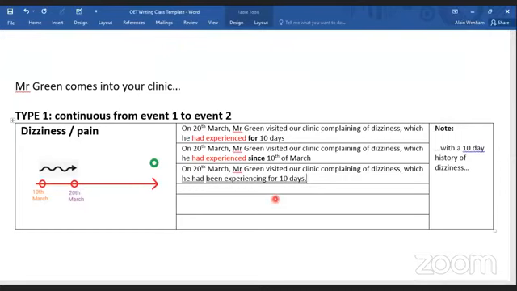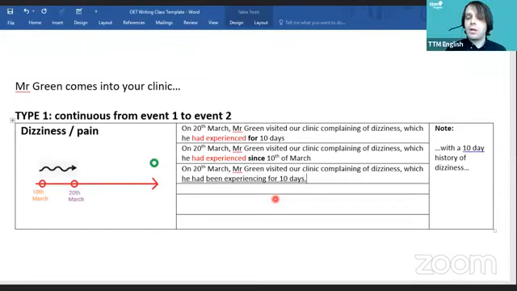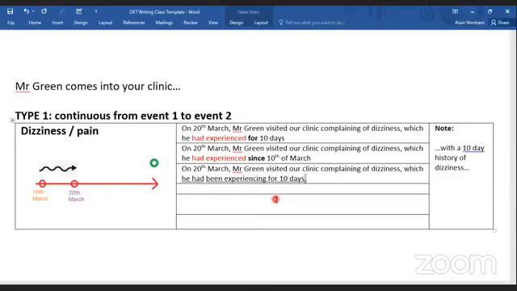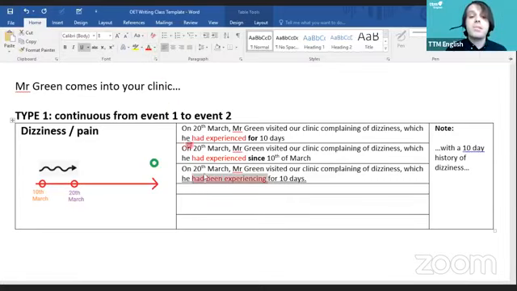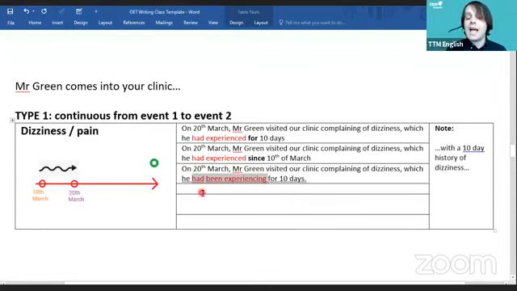Go on. For since and for, I thought we use them in present perfect. We do. And when we use them in present perfect, it means that the action is still happening now, right? But when we use them in past perfect, what does it mean, guys? It's finished.